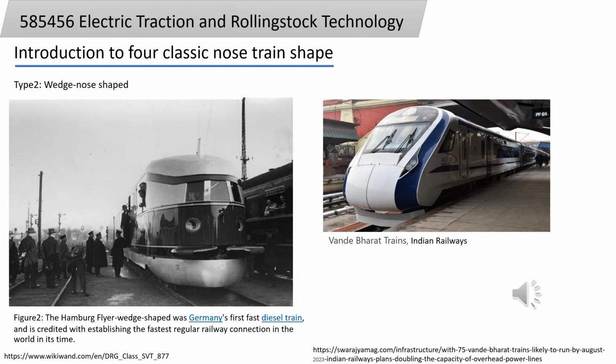The other picture shows the Vande Bharat train of Indian Railways, a high-speed train in modern times, with a speed around 130 to 150 km per hour. It shows the shape of the wedge nose in the past and in modern times.